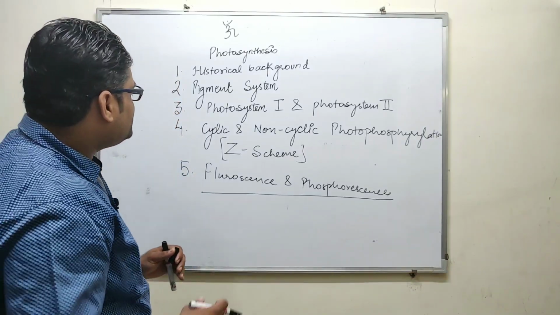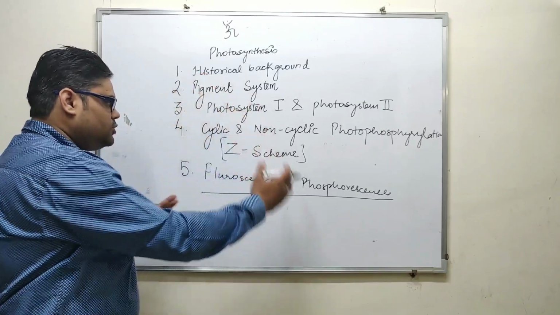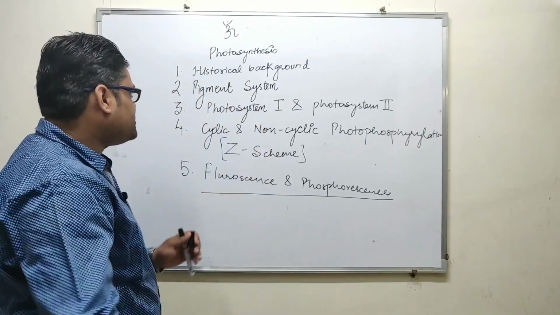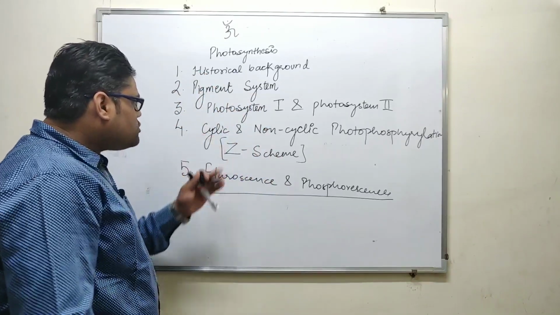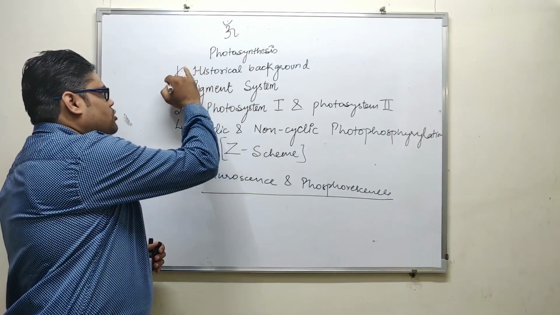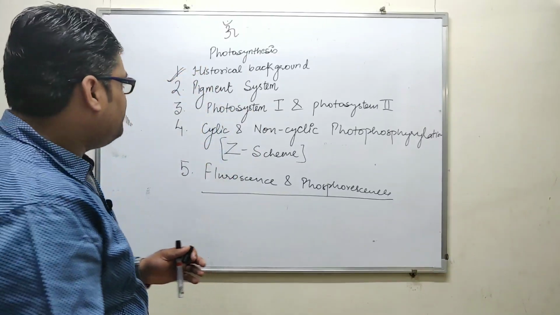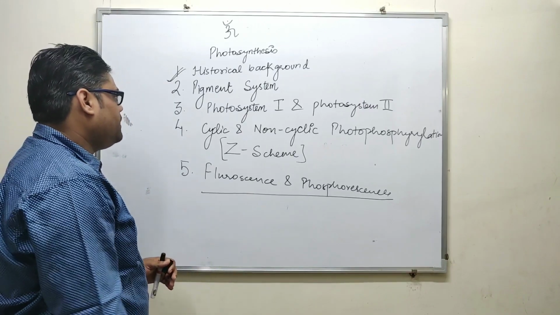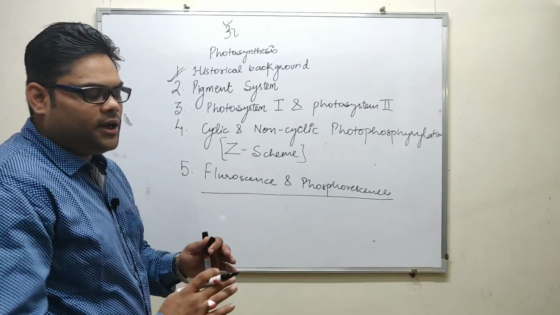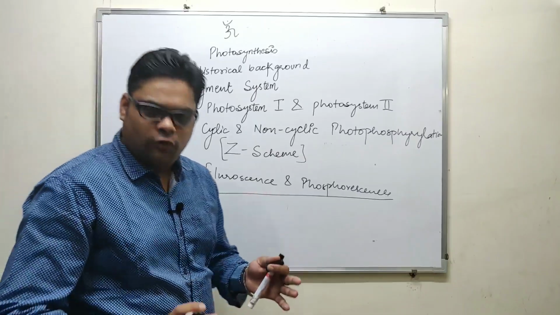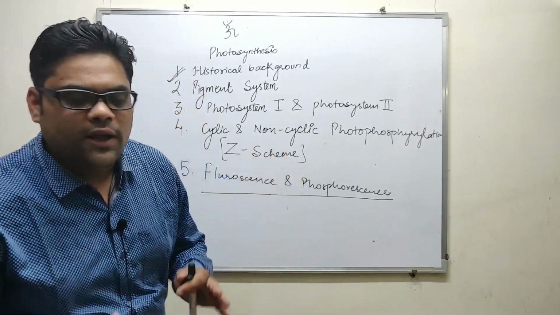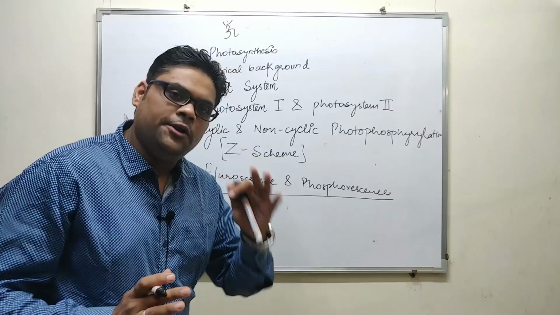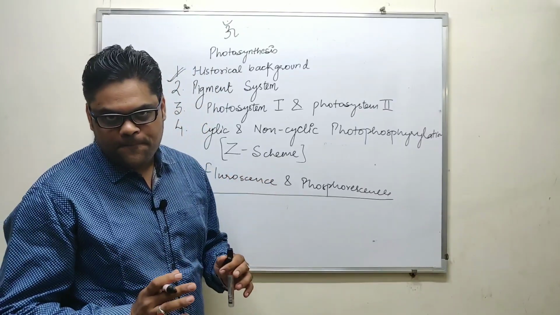The very first topic is historical background. A big list. All these topics except this one, which is the common starting point, the preface of the chapter, come under a specific phase of photosynthesis, and that phase is the light dependent phase.